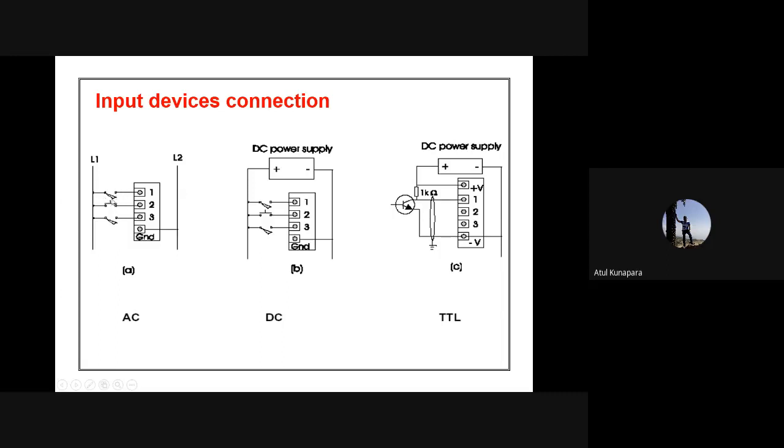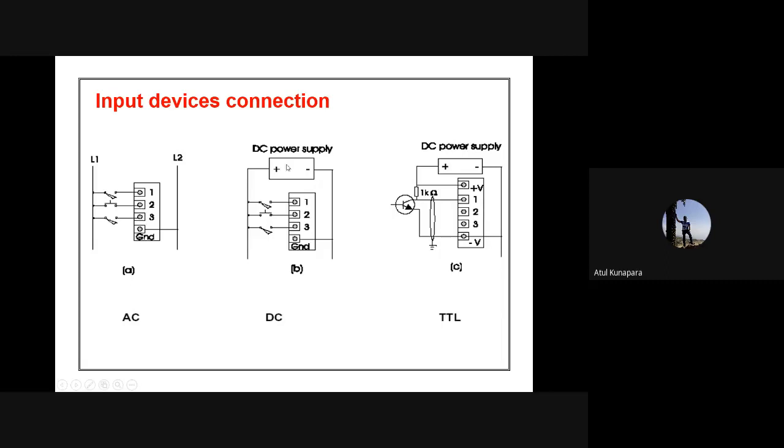Your push button, limit switch, or toggle switch is connected like this: one end of the switch is connected to the phase terminal of the AC signal, and the other terminal of the switch goes to the input pin of the input module.